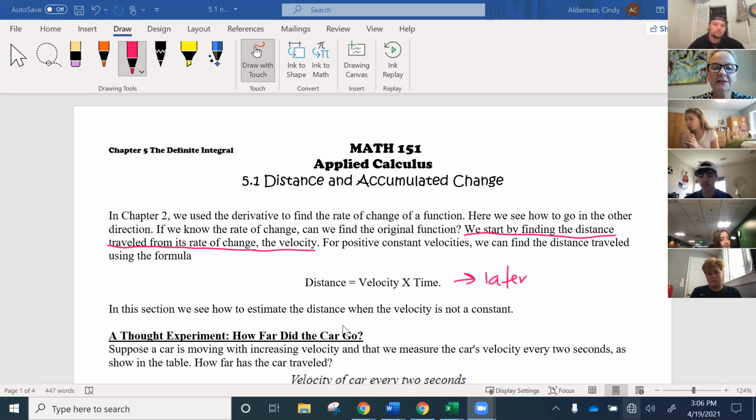So we can use this formula, distance would equal velocity times time, right? And later we'll use a formula, not really formulas, but more like, well, I guess it is a formula.